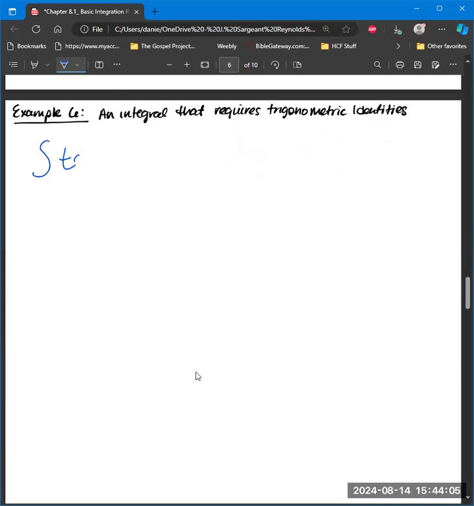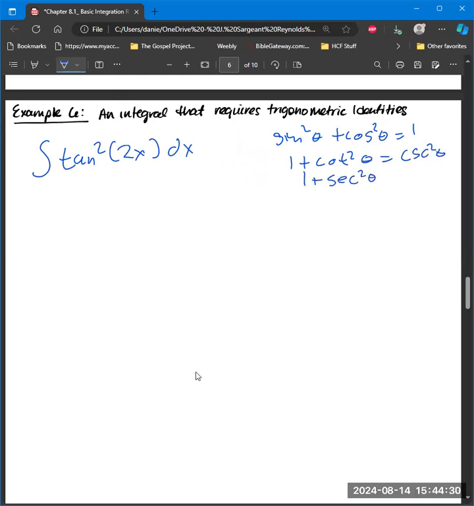We have the integral of tangent squared 2x dx. Remember that sine squared theta plus cosine squared theta is equal to 1. Remember that 1 plus cotangent squared theta is equal to cosecant squared theta, and 1 plus tangent squared theta is equal to secant squared theta.